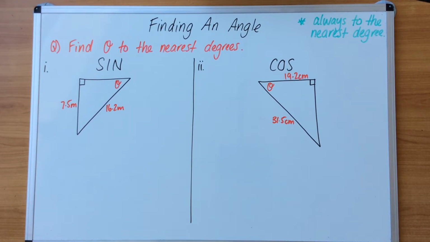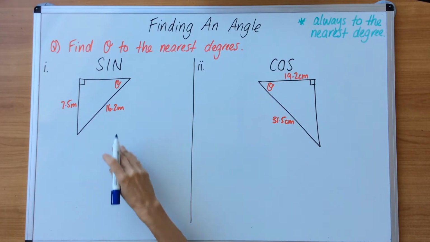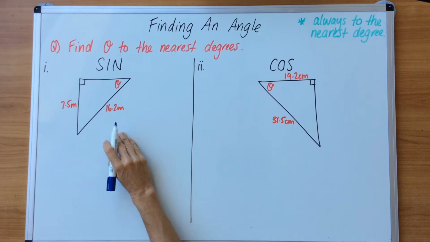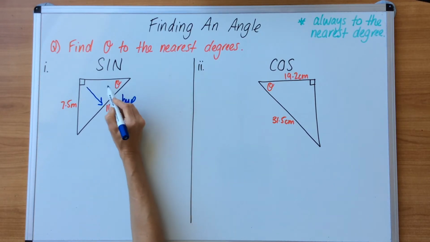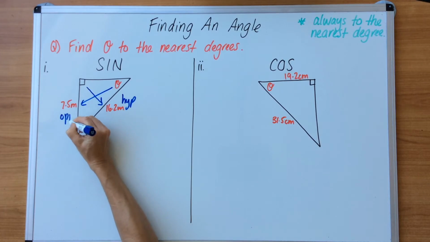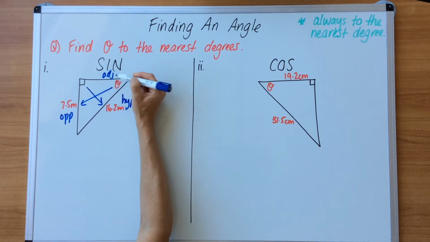And now we're going to take a look at sine and cos. We're going to do exactly the same process that we did for tan. However, we're going to use the specific rules for sine and cos. Let's take a look at this one on the left here for sine. First of all, we have to label the triangle as we would normally do. So the hypotenuse, the opposite, and the adjacent.